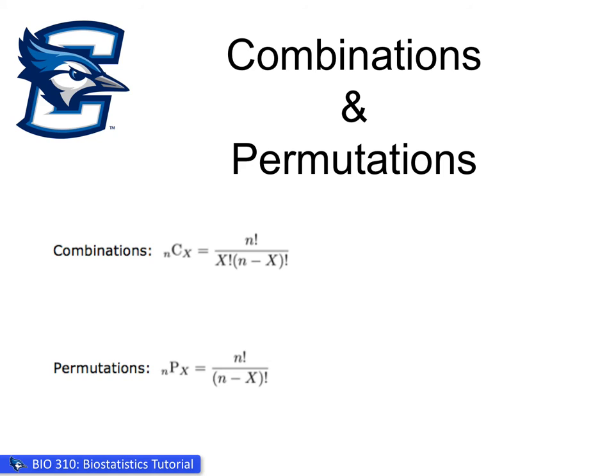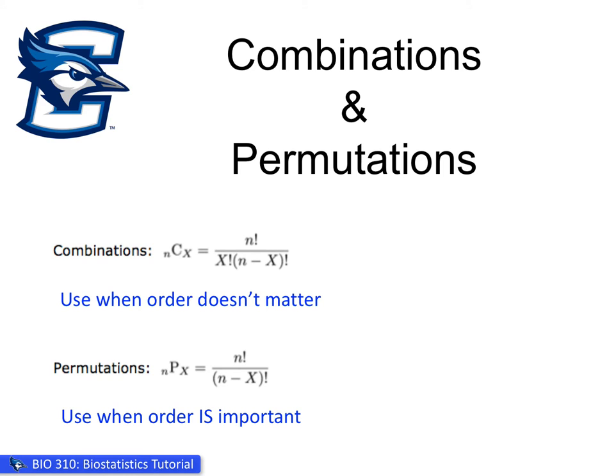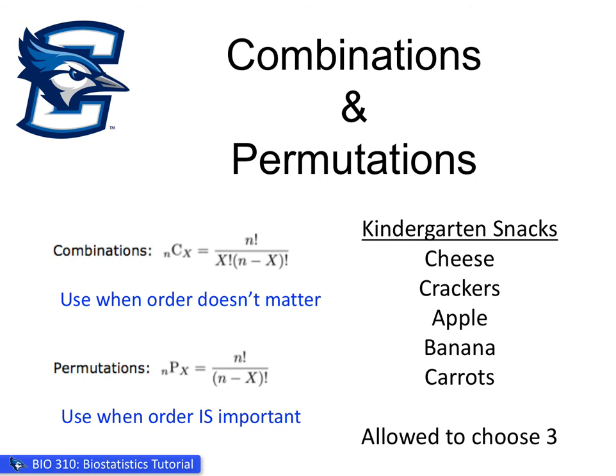What combinations and permutations are is the ways that you can get particular outcomes. So, for example, think of kindergarten snacks. Here we have 5 options: cheese, crackers, apple, banana, and carrots.